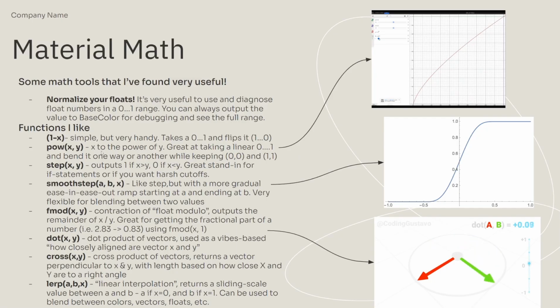range. For example, the power function: if you put something to an exponent, it's great if you're working in the 0 to 1 range, because your 0, 0 point and your 1, 1 point will be exactly the same no matter what power you're using, I think, unless you're using some unreal number or something like that. Here I'm sliding the power from 1 down to a fraction, like 0.3, and then up to 2.